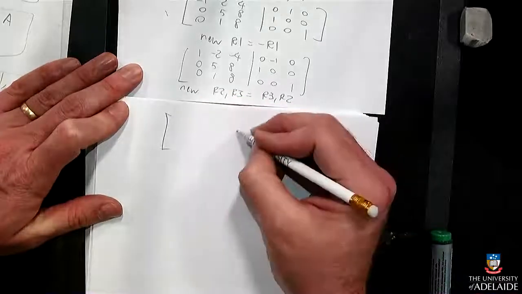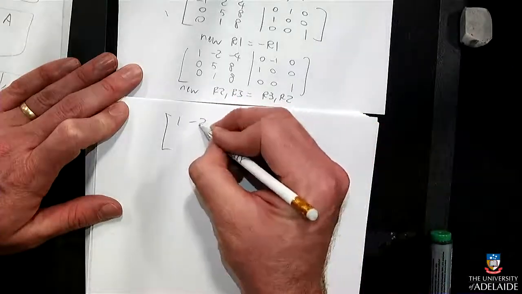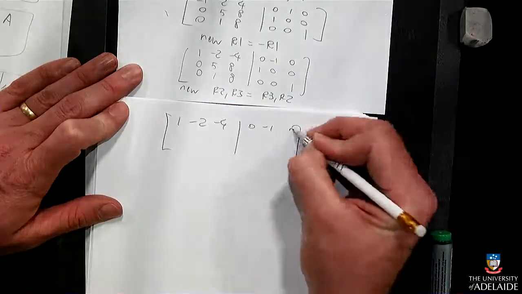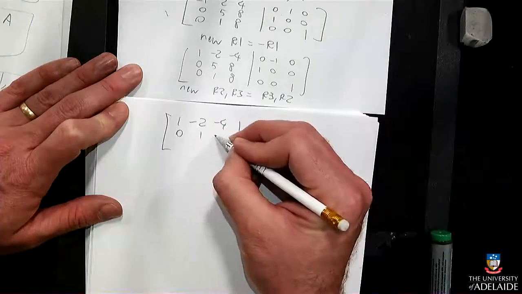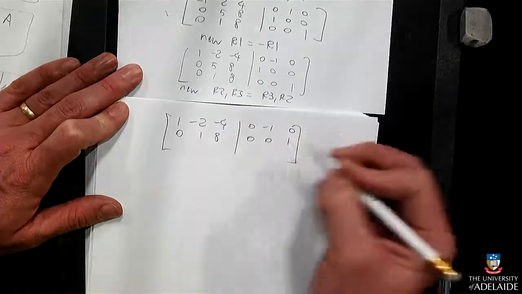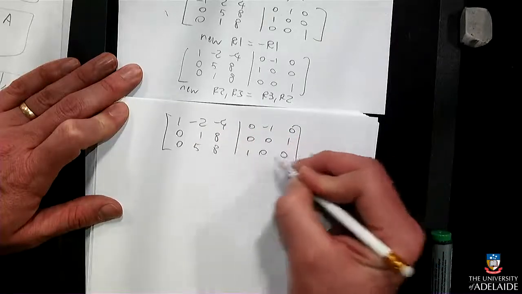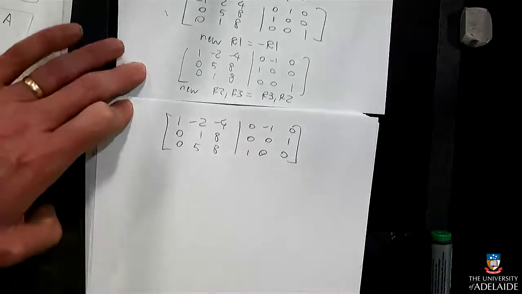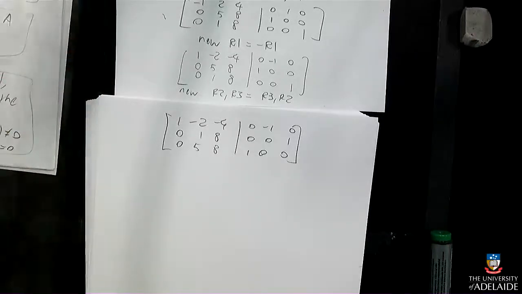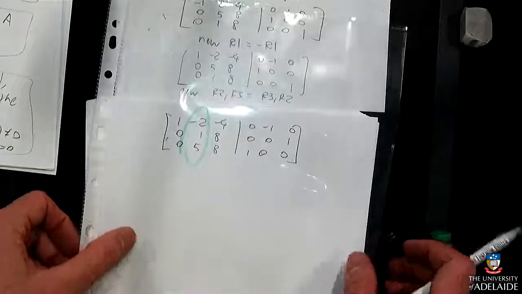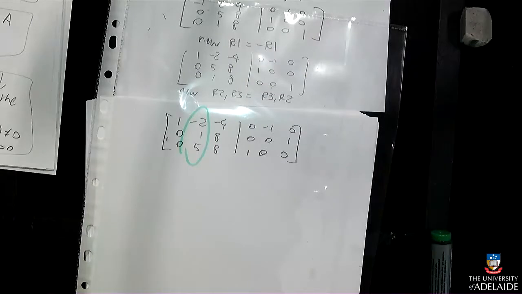And so my matrix has become, row 1 didn't change. This is now 0, 1, 8, 0, 0, 1, and this is our 0, 5, 8, 1, 0, 0. Okay, and now let's see, we've got a 1 in the correct position, and we need there to be the zeros above and below it to get my middle column of the identity.